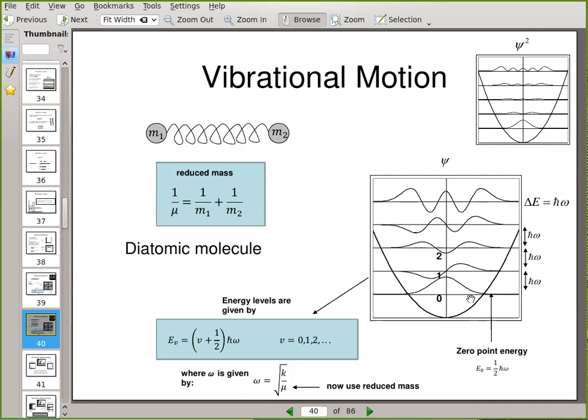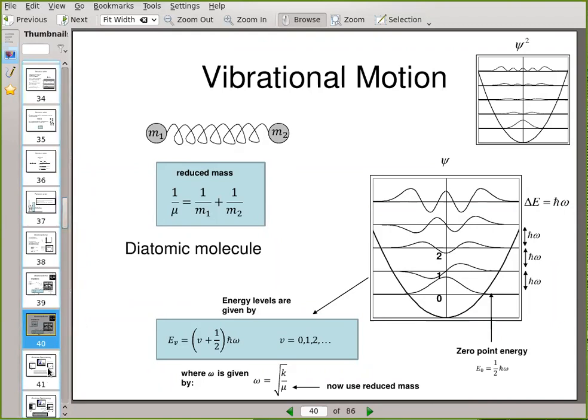But your wave functions look like this. Your lowest energy wave function looks like that. So they will be at a certain distance apart. And then, of course, if you look at psi squared, you'll be able to see at higher energy levels exactly what the situation looks like in terms of their location.